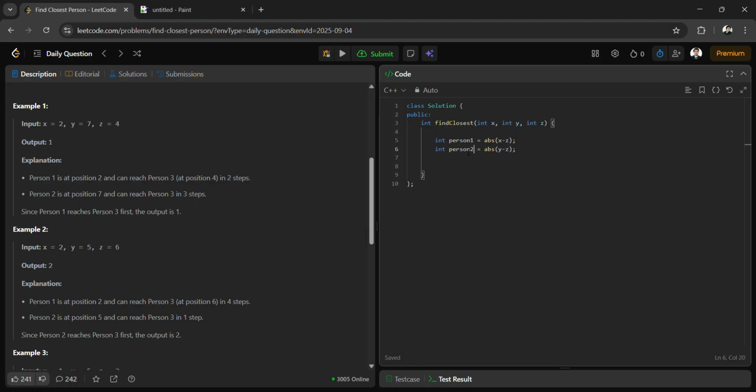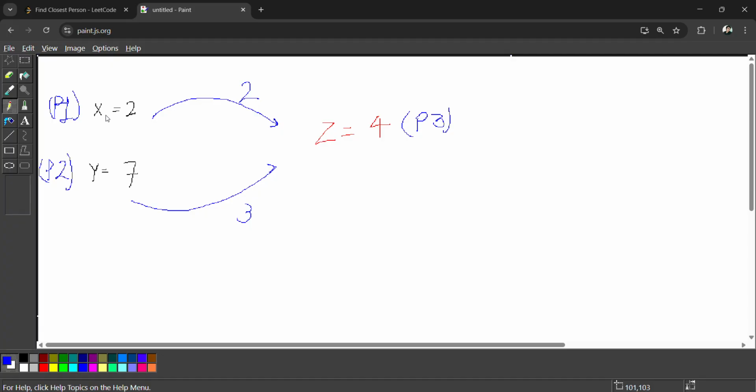Person 1 defines the absolute difference between position 1 and position 3, whereas person 2 defines the absolute difference between position 2 and position 3. Now we compare both. If person 1 is less than person 2, then according to the first example, person 1 reaches person 3 in just 2 steps, so it reaches first, so we return 1.